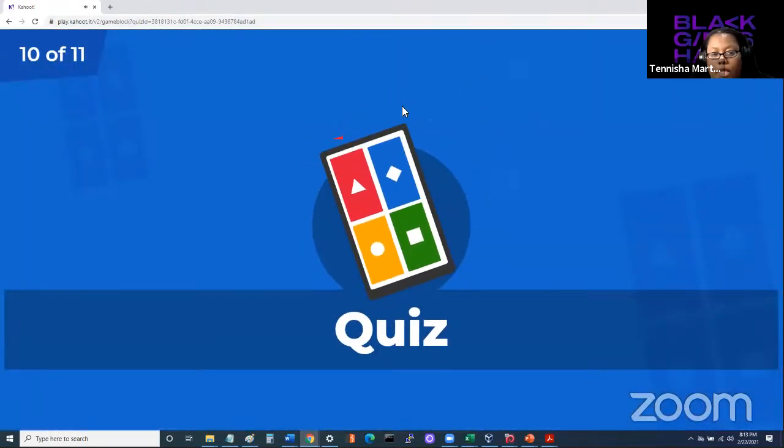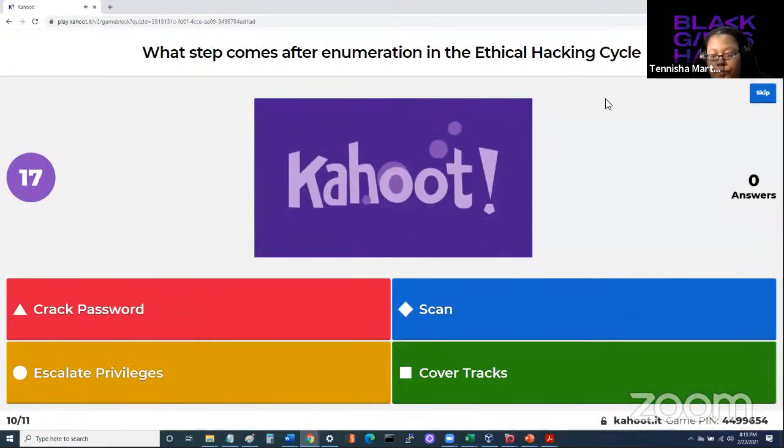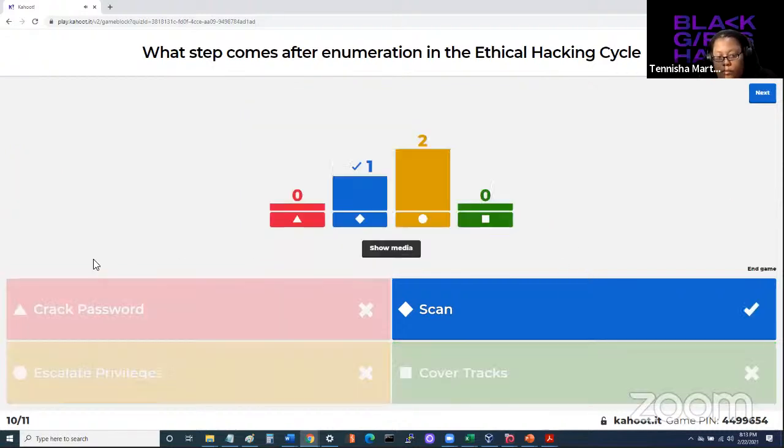All right, and number 10, what step comes after enumeration in the ethical hacking cycle? Escalating privileges. Scanning and enumeration happen at the same time. Scanning actually happens before enumeration. What step comes after enumeration? All right, I'll take a look at this.